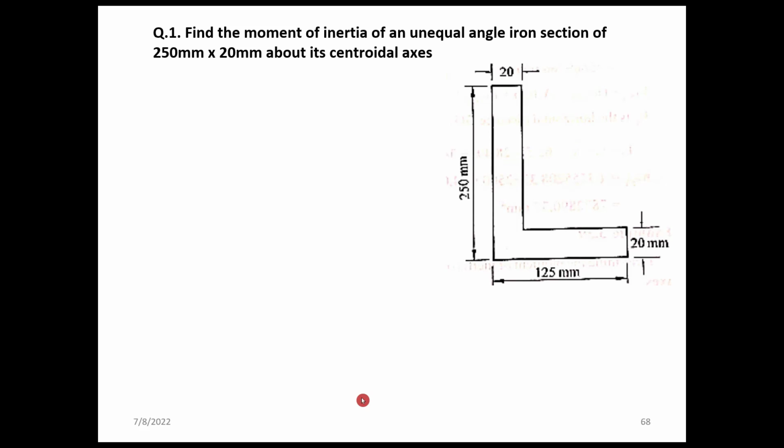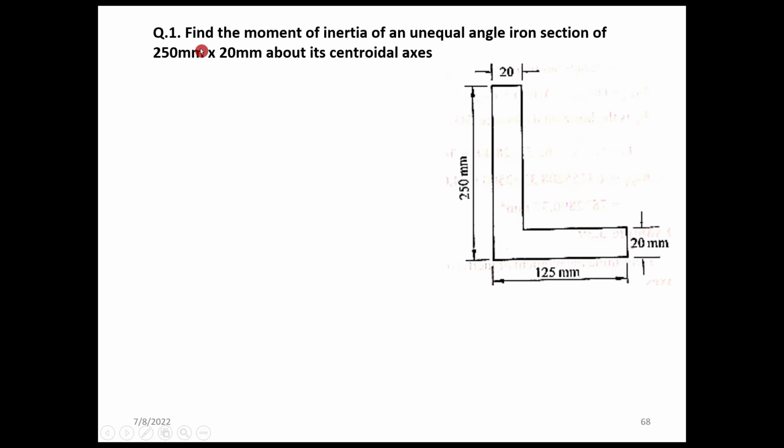It's very important because each area will have its own centroidal moment of inertia. We need to shift the individual centroidal moment of inertia to a defined or base axis by the IG plus A x square equation.